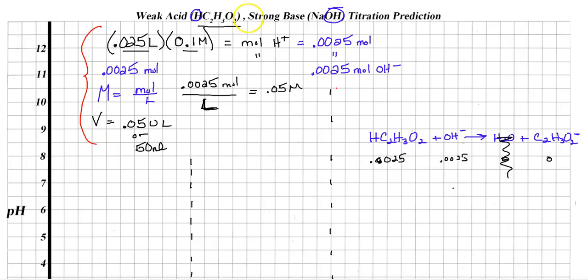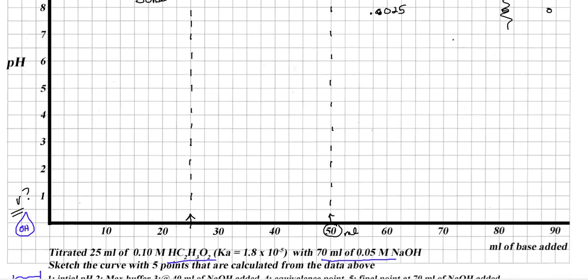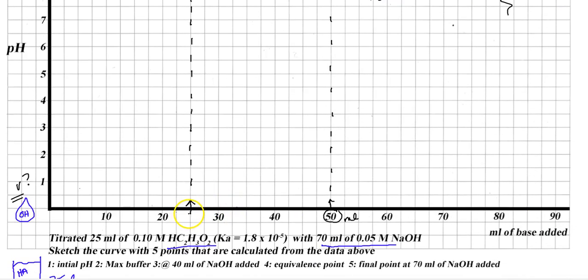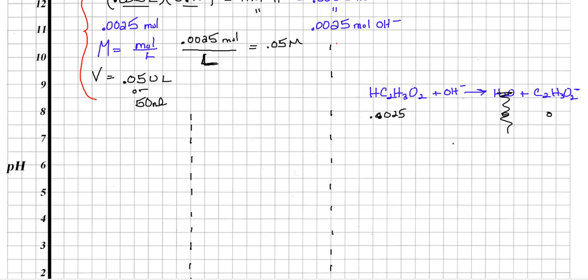We still start this way, but now we're going to add 25 milliliters of the hydroxide, which will give me half of the volume. So if I take my handy dandy calculator, and it's really important you understand this, if I take 0.0025 and I divide by 2, what that's going to give me is, by dropping 25 milliliters of this base, which we calculate will be the half titration point because we solve for 50, the amount of hydroxide I'd be adding would be half as much, so 0.00125.